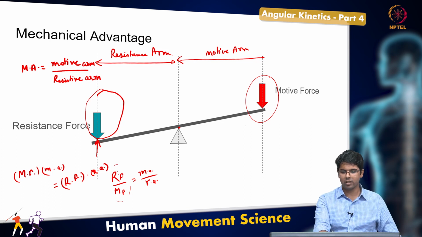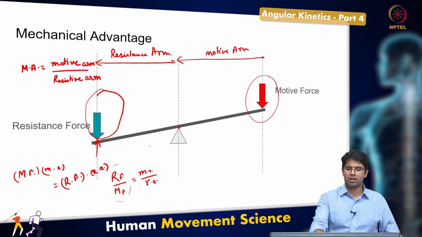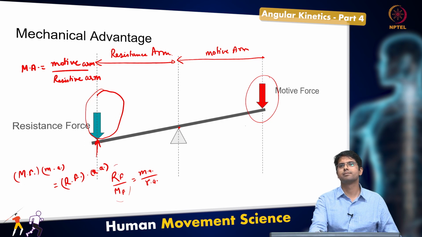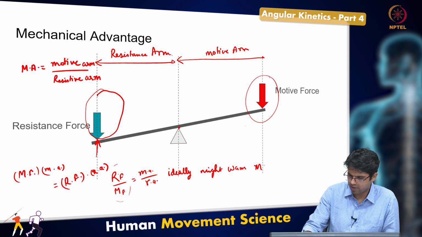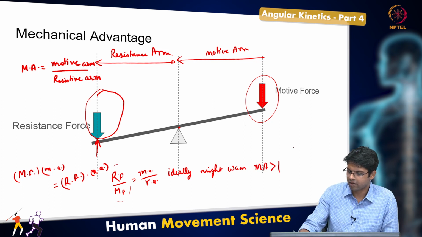Ideally, you would want this to be larger than this, which means the motive arm is larger than the resistive arm. Ideally, you might want MA to be greater than 1 or at least equal to 1 for lifting heavy loads.